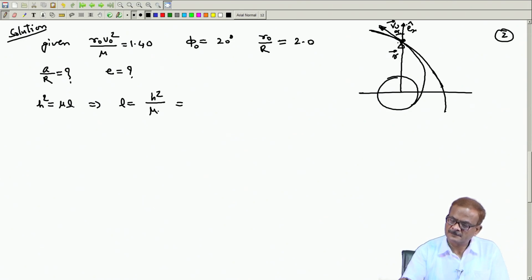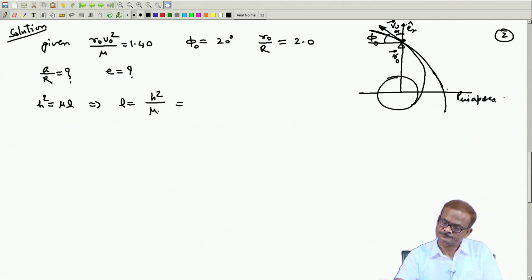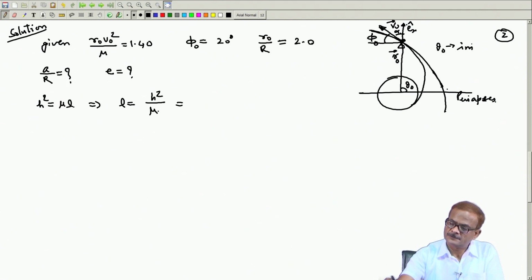This angle is alpha, and here this angle is phi 0, and this becomes your r 0. If this is the periapsis line or perigee line, this angle we have referred to, in this case, as theta 0, meaning the initial true anomaly.